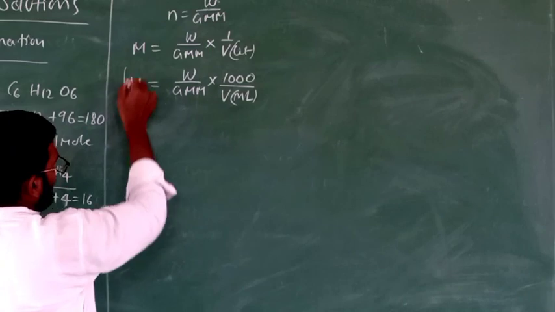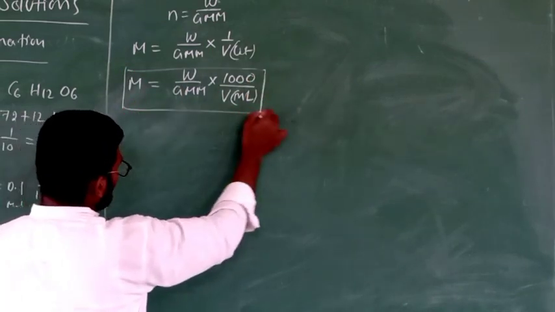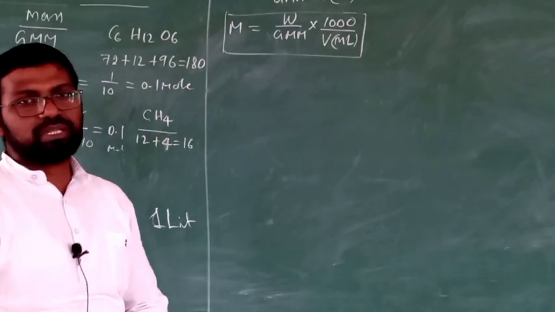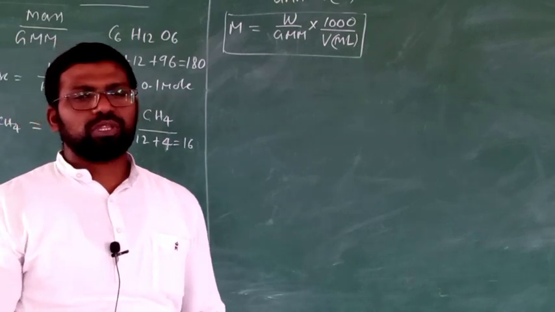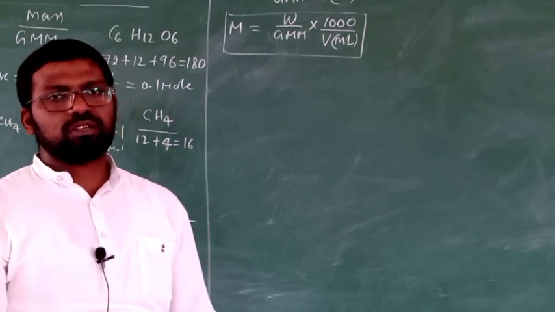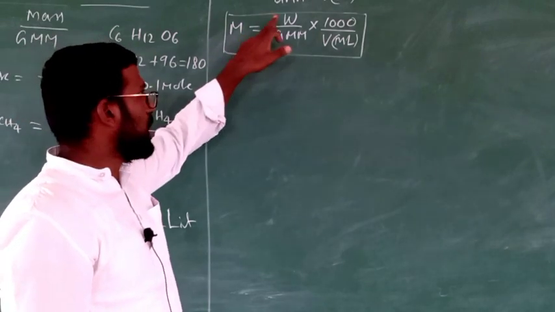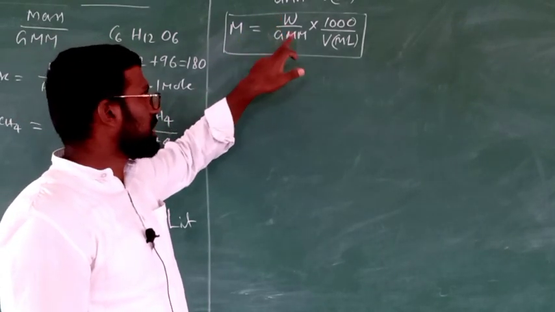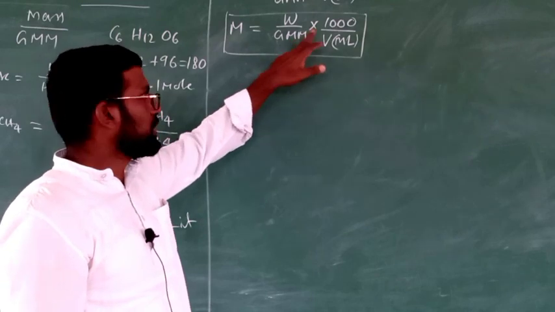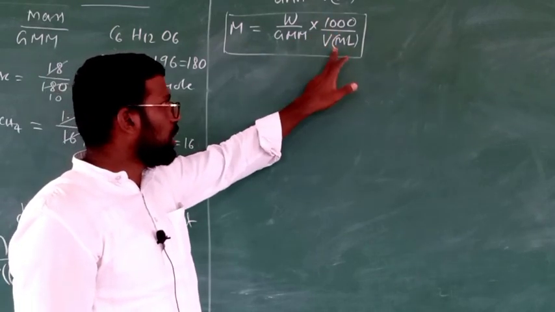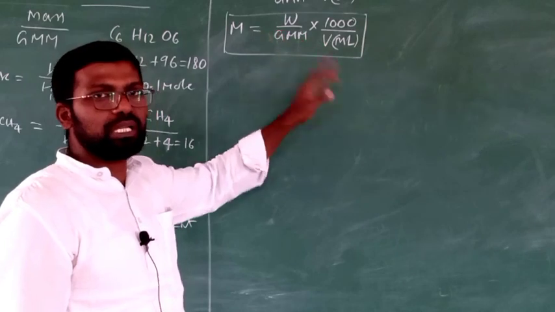This is a very important formula that we use many times in solving problems, both in 11th class as well as 12th class, so please do remember it. Molarity is equal to mass of the solute by gram molar mass of the solute into 1000 by volume of the solution in milliliters.